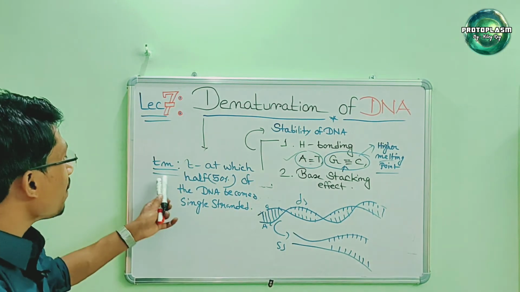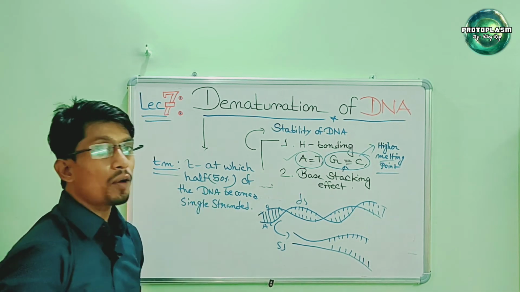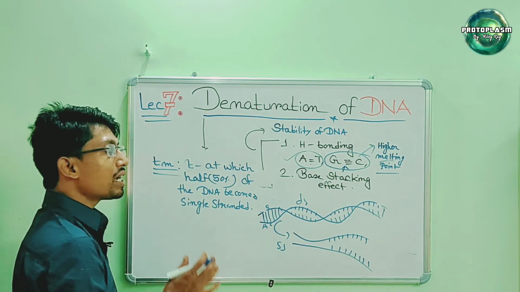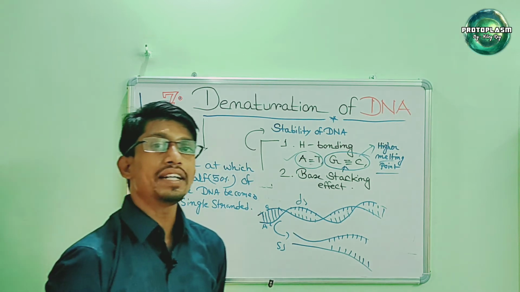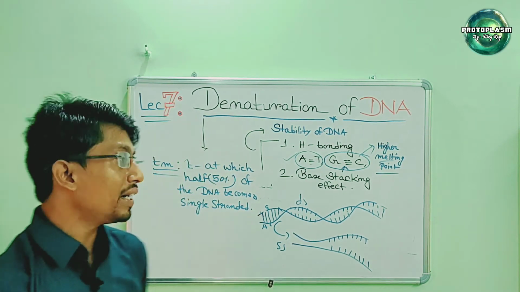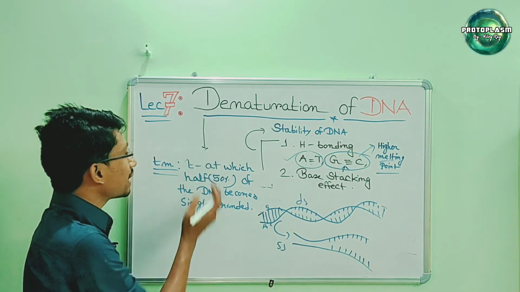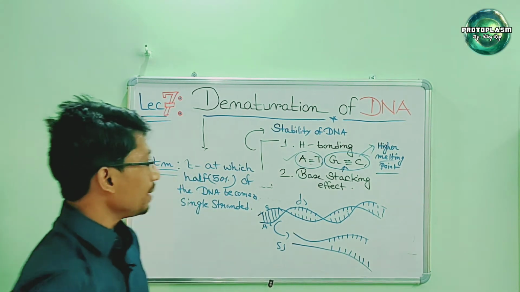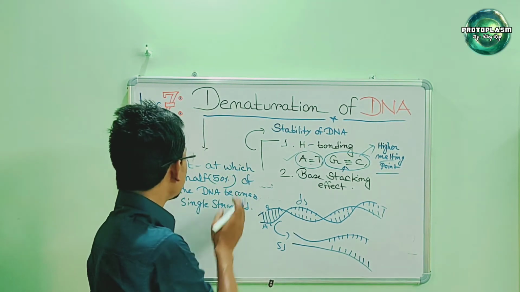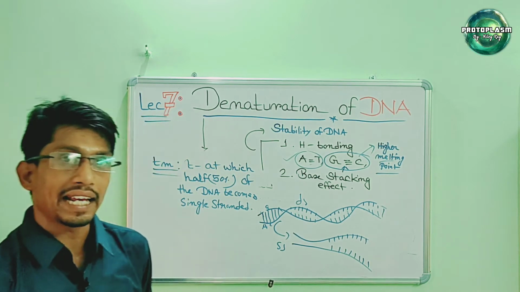So Tm, or the melting point of DNA, is the temperature at which half the DNA, or 50% of the DNA, becomes single-stranded.